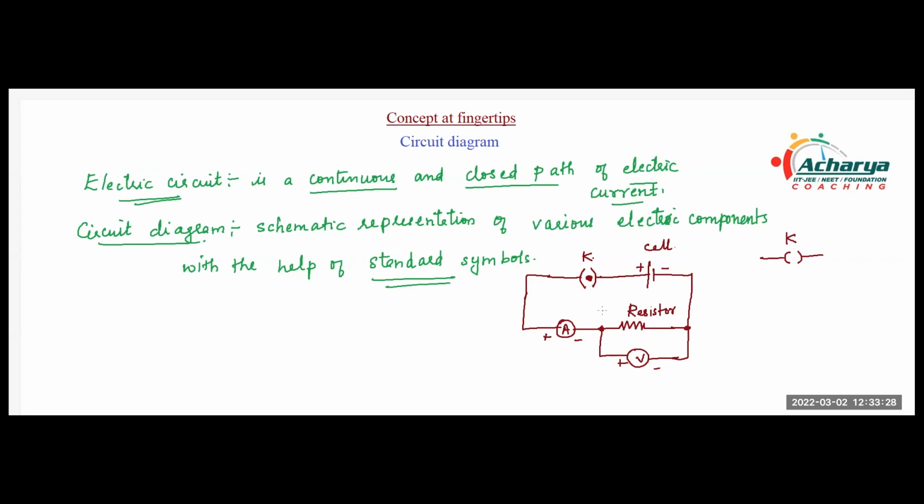So in order to draw a circuit in the form of a circuit diagram, we need to know the standard symbols used for the components. So let us review some of the important symbols for drawing circuit diagrams.